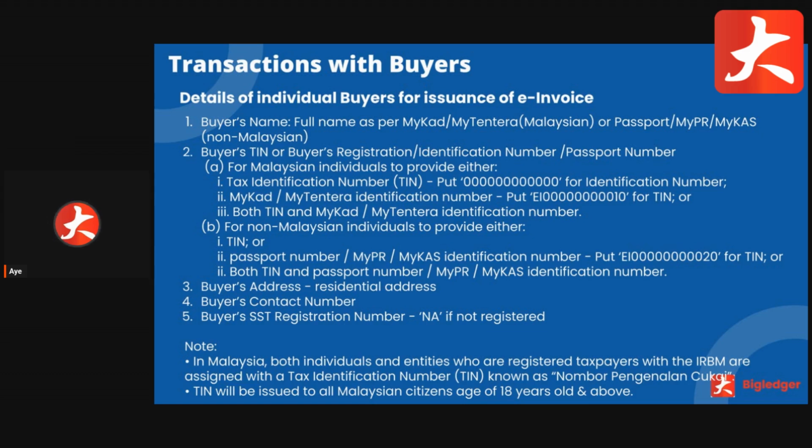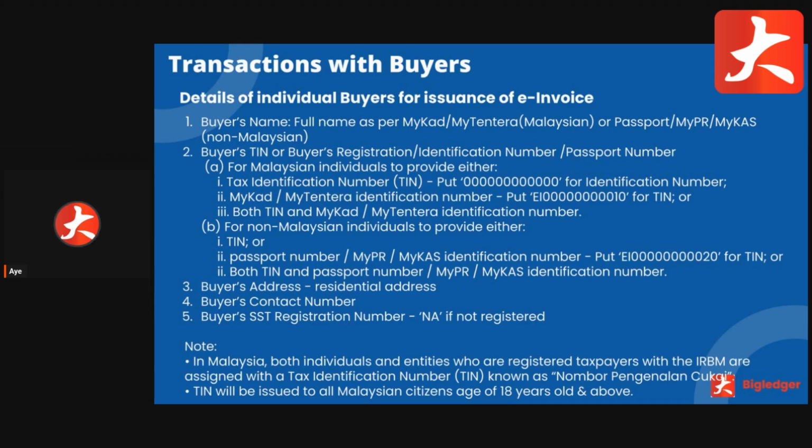I put these two in one point because they have an option. The individual also can only provide the TIN. If they only provide the TIN, then the supplier side needs to put 00000 for the identification number. I think it's 1200.